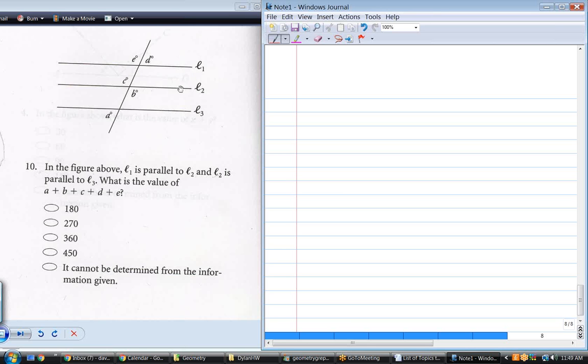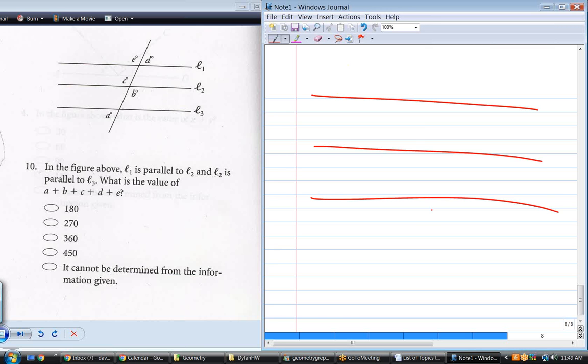Here we have 3 parallel lines. What do I know about E and D? We know that E and D are supplementary or linear. What do I know about E and C? They are corresponding.